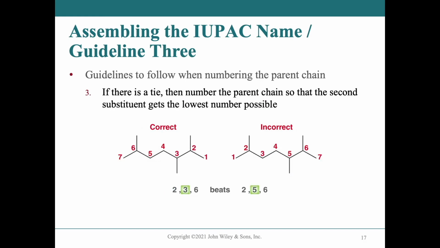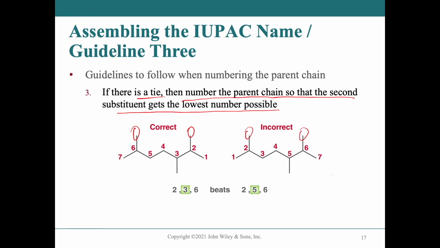The next one, okay. If there's a tie, then you want the parent chain so that the second substituent gets the lowest number. So in this case, we have a methyl group at the second carbon and at the sixth carbon on both, and so that would be a tie. That would definitely be a tie because you don't know which one's going to be which. They're both on the second carbon.